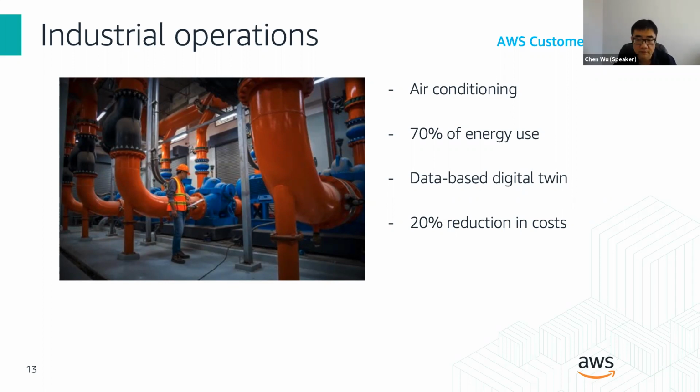It turns out that can reduce the cost without compromising the air conditioning effect for the building. So that's another example that we did using RL to do such industrial control and operations.